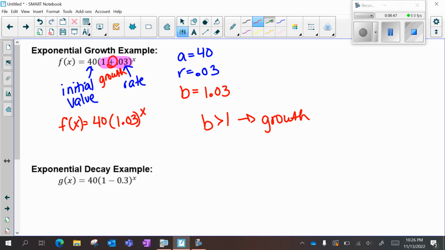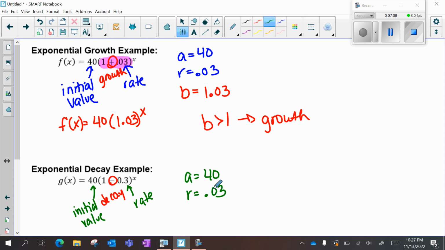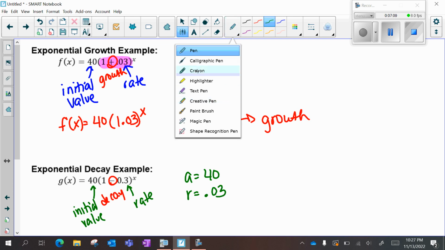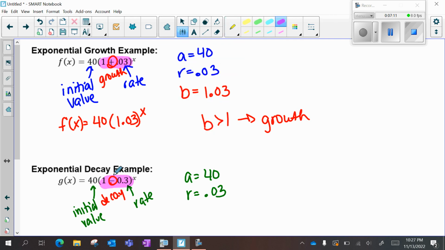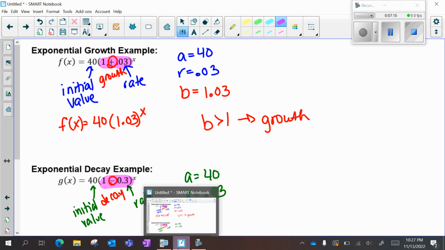For decay, still my initial value. This is my rate, but notice how this is a minus, so it's going to be decay. My initial value, or my A, is 40. My rate is 0.03. But if I combine these 2 pieces together, if you're unsure, you could, of course, use your calculator.